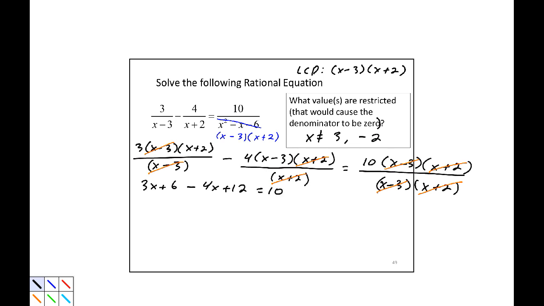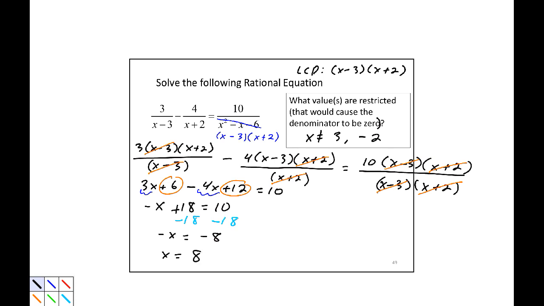All right, combining like terms, I have a negative x plus 18 equals 10. So now I will subtract 18 to get negative x equals negative 8, which means that x equals positive 8.